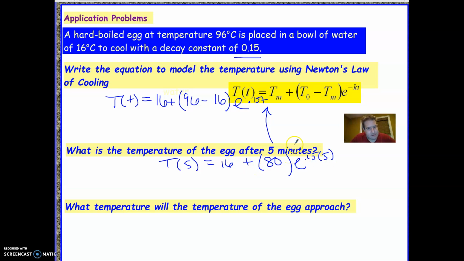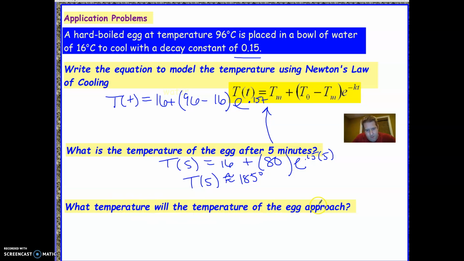So I have 16 plus parentheses 80, e to the power of 0.15 times 5. So we're looking like something like this in my calculator, and then I press enter, and I'm told that T of 5 is 185 degrees, give or take. I'm going to put about 185 degrees.